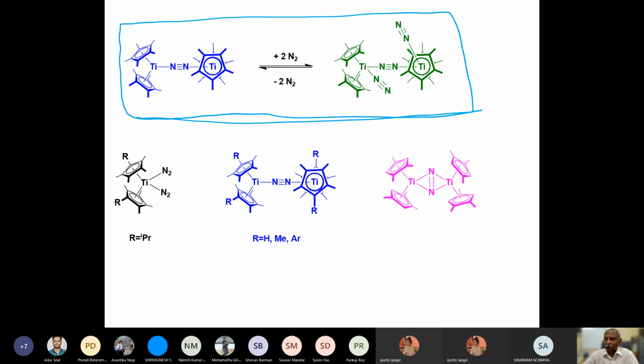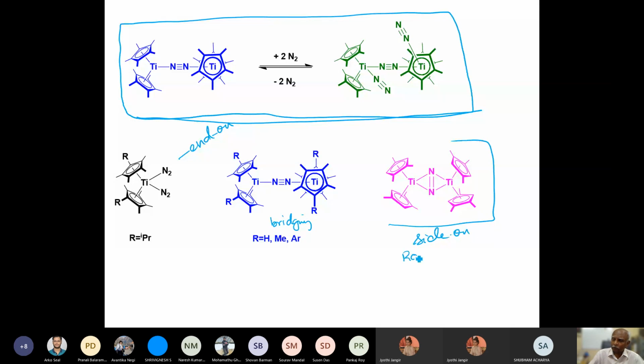So there is also this possibility of it bridging sideways. This is called end-on bridging. This is end-on coordination. This is end-on bridging. This is side-on bridging.